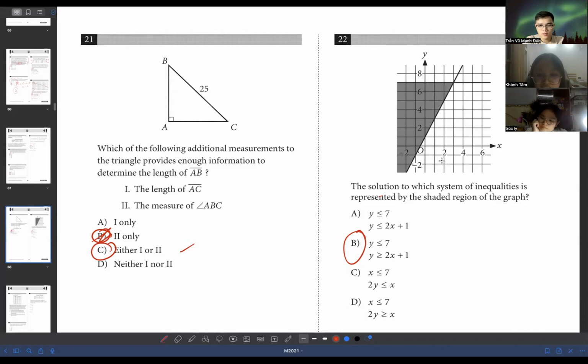Okay, you cross them out because you use plugging in. You choose one point on the graph, or two points, and you plug them in. So you plug in the 0 coordinate. That's also a way.